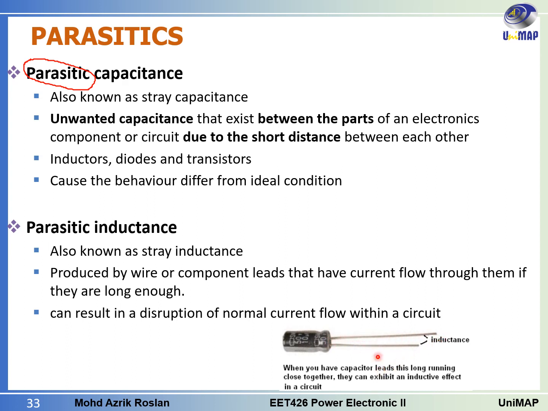So we want to make it as short as possible to reduce the effect of parasitic inductance. Okay, and the parasitic inductance can result in disruption of normal current flow within a circuit.